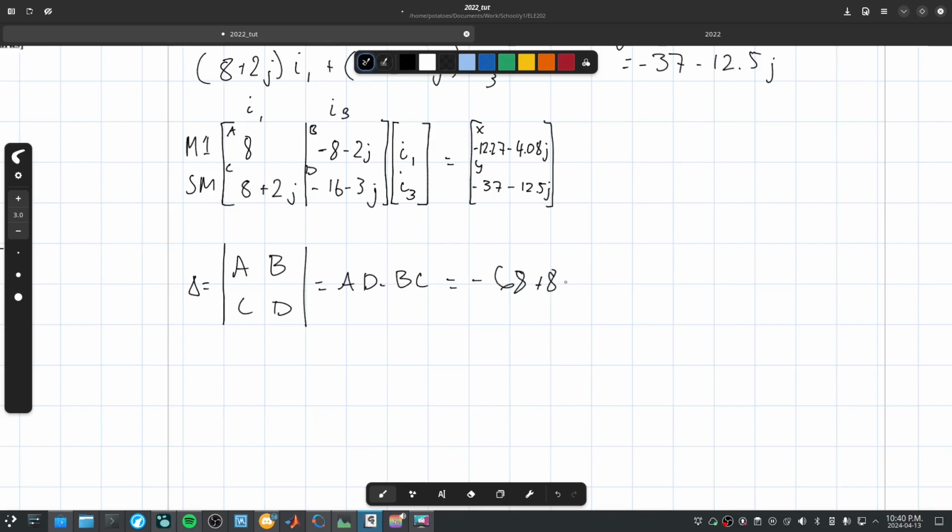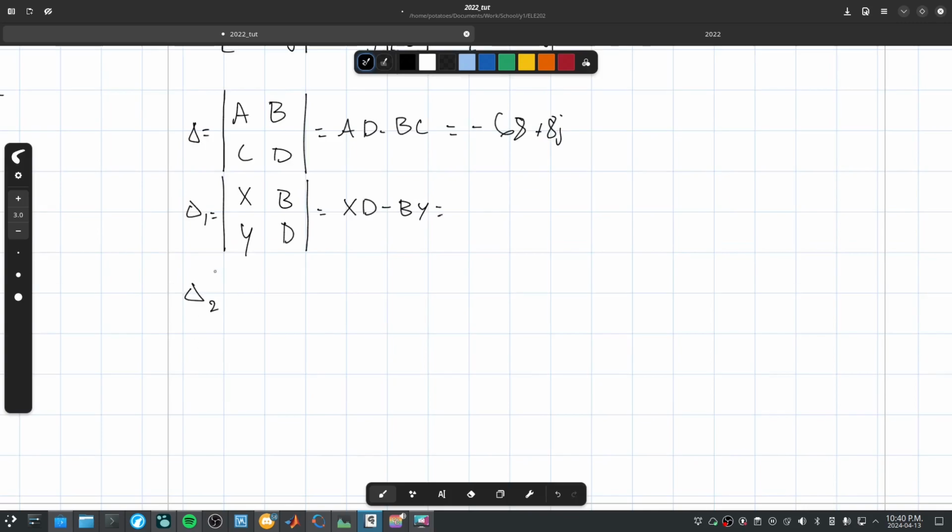You don't need to keep retyping your answers over and over. Delta 1 is going to be the determinant where we replace the first column with X and Y, and keep the regular matrix for the second column. So it's going to be XD minus BY, crisscross.